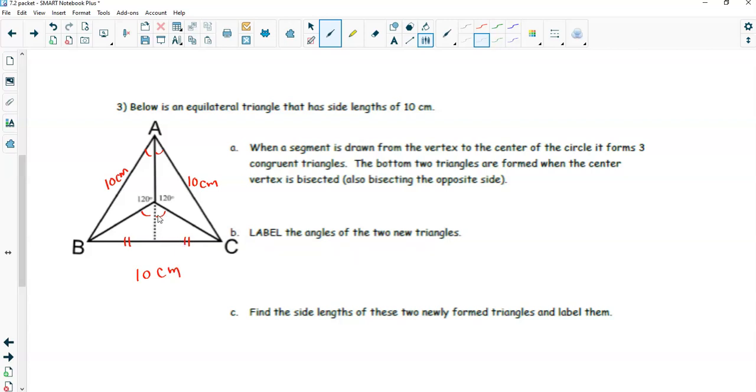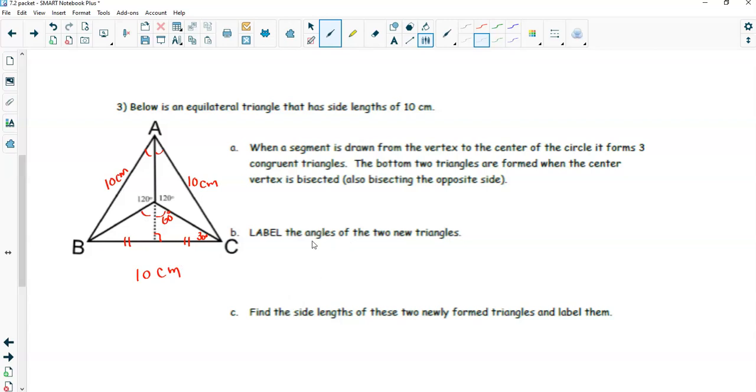Okay, now what do we have? If this whole angle was 120 and is cut in half, that means this right here must measure 60 degrees. That means this is a special right triangle. You see that? Label the angles of the 2 new triangles. There you are. And this one would be 60, this one would be 30.